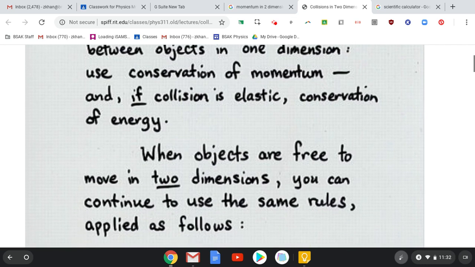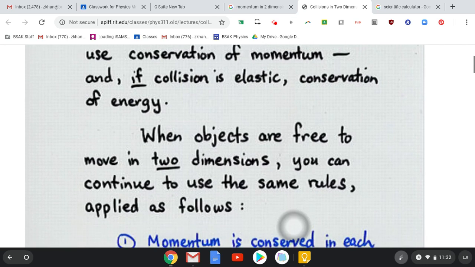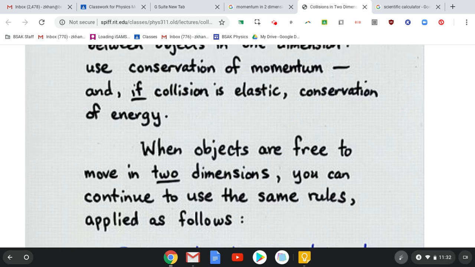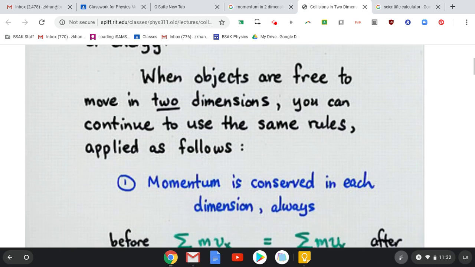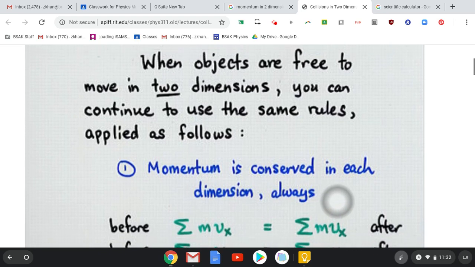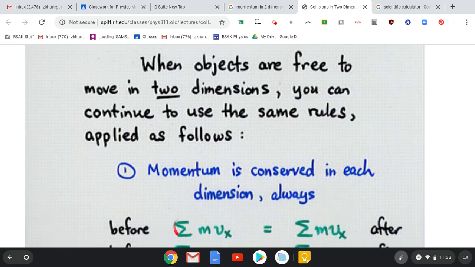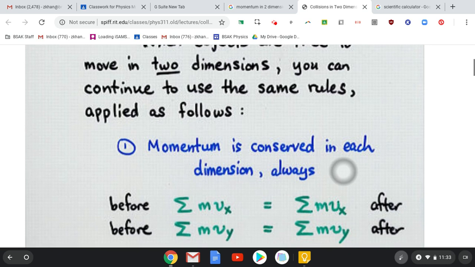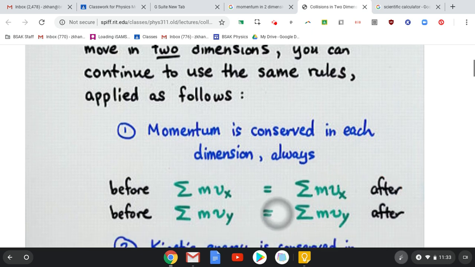So when objects are free to move in two dimensions, you can continue to use the same rules as before. So the total momentum, that's the sum, that means total, that means the momentum, mass times velocity, in the x direction before the collision is equal to the total momentum in the x direction after the collision.